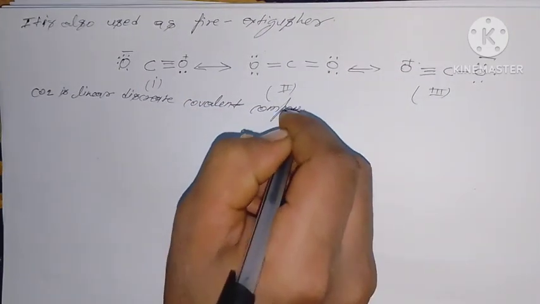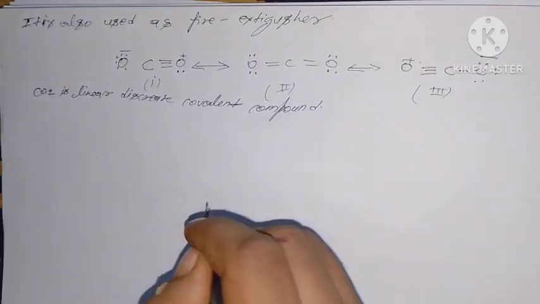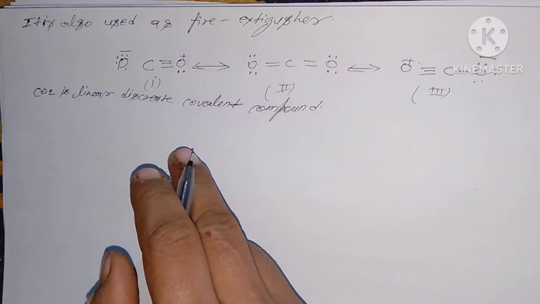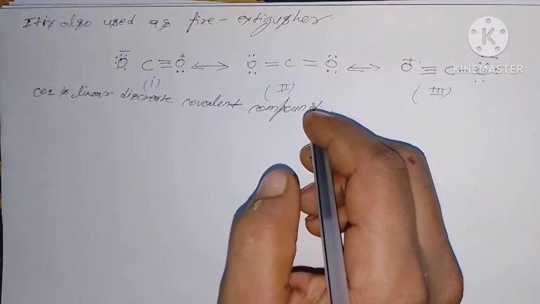Carbon dioxide is a linear, discrete, covalent compound in nature.